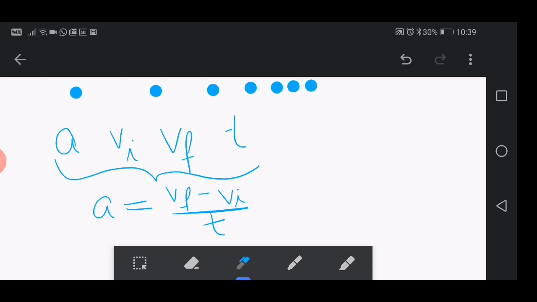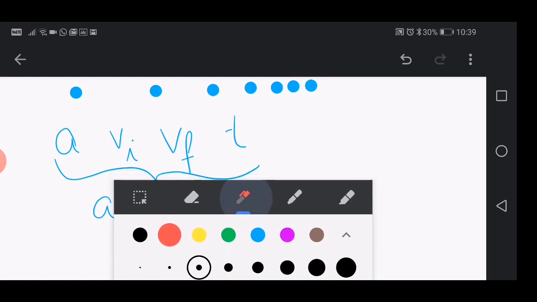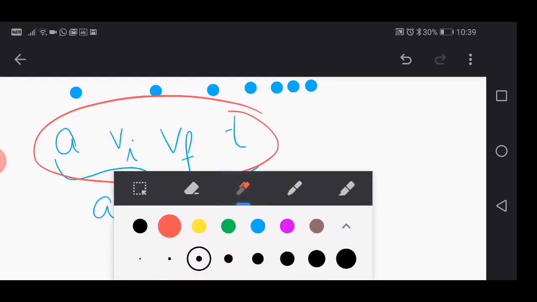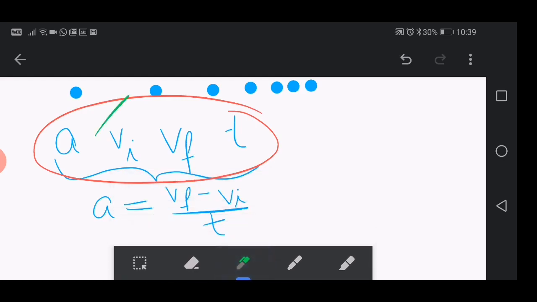So the basic idea is, if you want to find one of these 4 variables, you're going to need the other 3, so that in a problem, if you can determine that you have, for example, the acceleration, the initial velocity, and the time, it is relatively easy to find the final velocity.